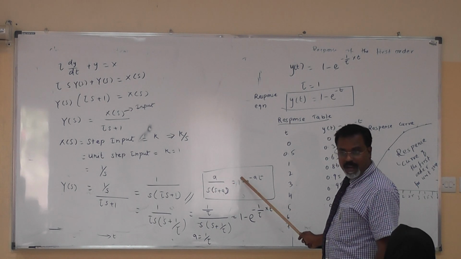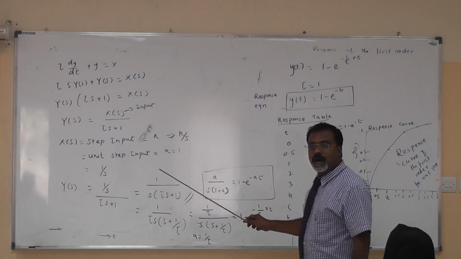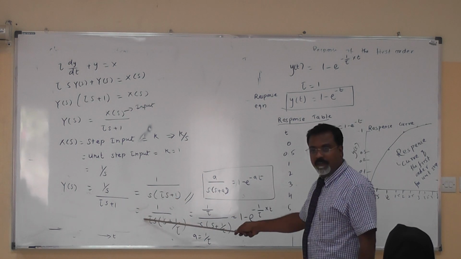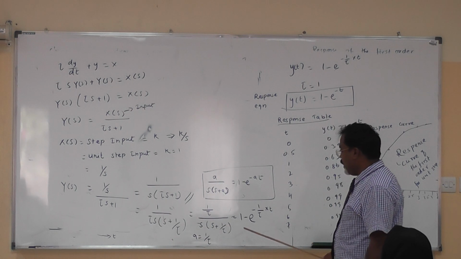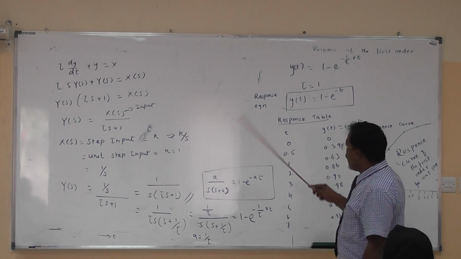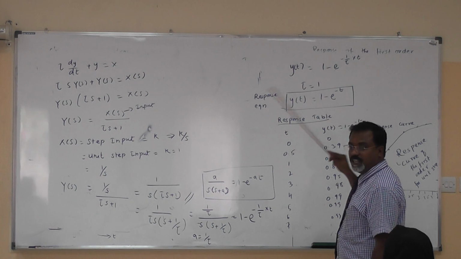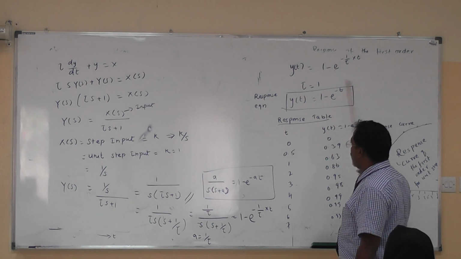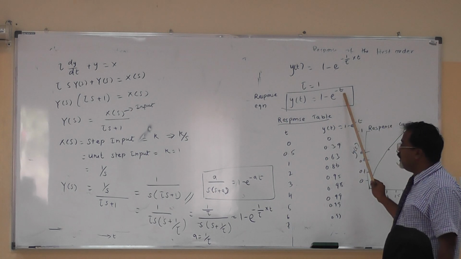So you convert the term equivalent to this formula, and then you will get 1 minus e power minus 1 by tau into t. Tau is the time constant. Again, I am assuming time constant equal to 1, and then y of t will come as 1 minus e power minus t. So this is called the response equation.